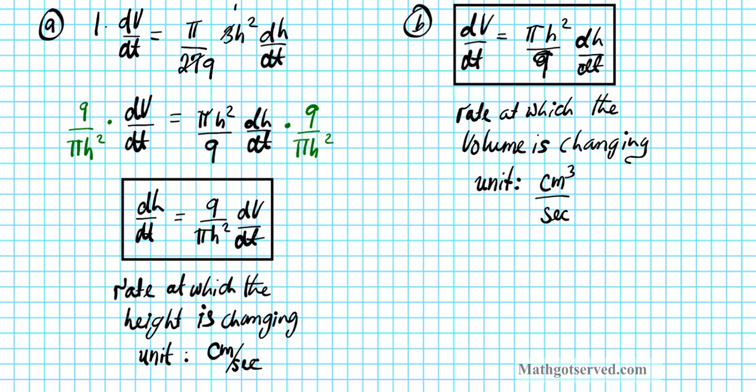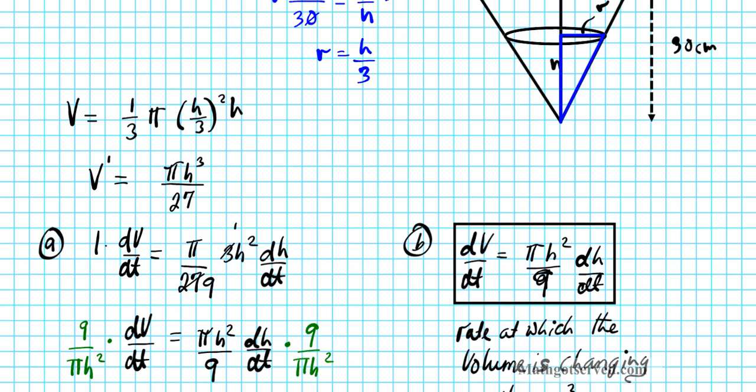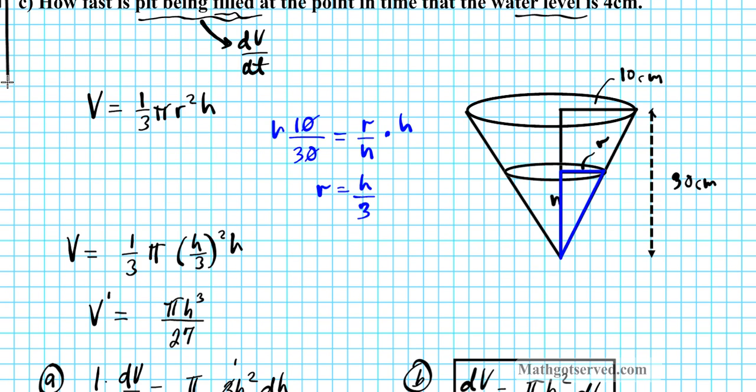Let's go ahead and write that down. For this example, this is the c part. We know that dV/dt, the change in volume, is equal to pi h squared over 9 dh/dt. And from what we just did, we know that h, the height, is equal to 4 centimeters.